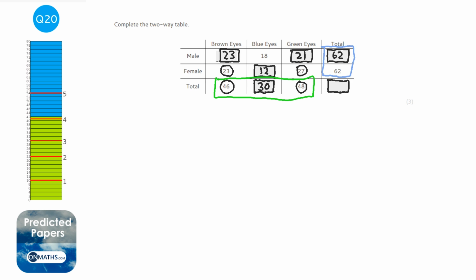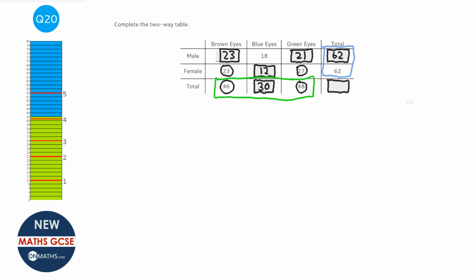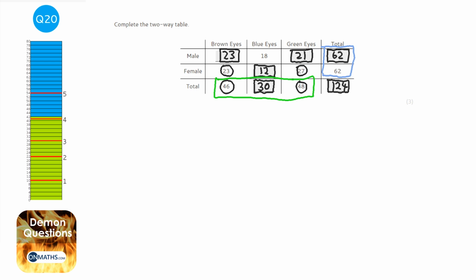Don't add the blue and the green ones together, so it's only one of them. So 46 plus 30 plus 48 is 124. And let's just check that. 62 plus 62 is also 124. So don't ever write down 248 because that's not correct. So in total there are 124 people whose eye colour were checked.